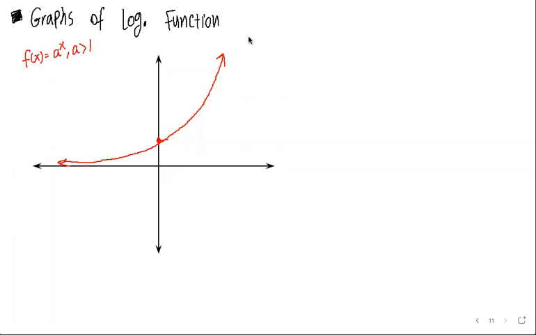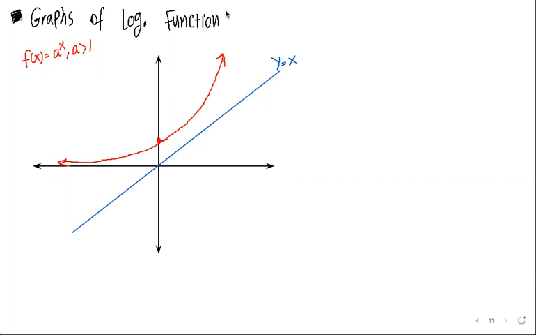So I have to graph the line y equal x. Then I have to reflect all the points around this line. So this is my y equal x, the line y equal x.